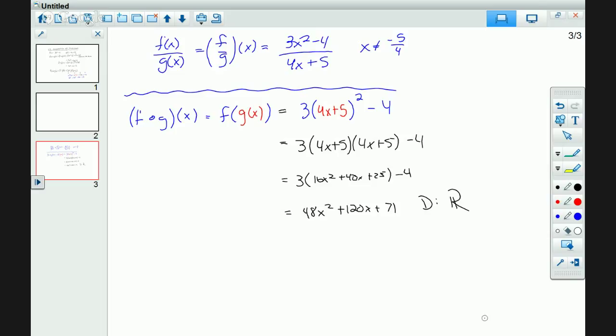Let's look at one that's a little bit different. How about that nasty thing?